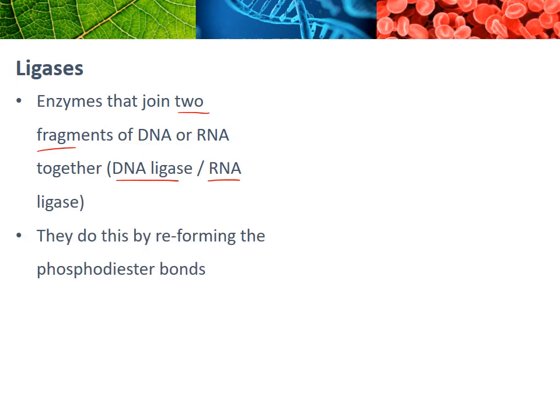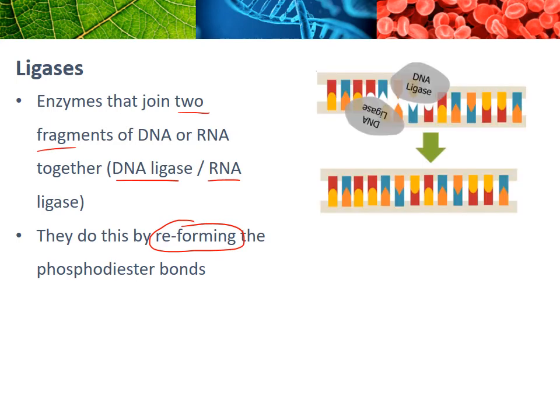They do this by reforming those phosphodiester bonds that were broken or cut by the restriction enzymes. So we've got our 2 strands here, one here, one here.